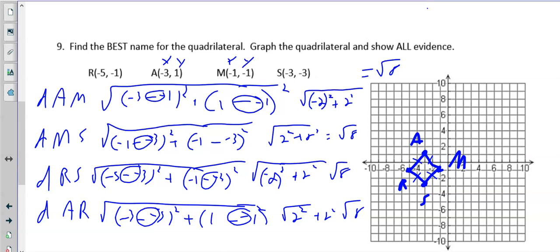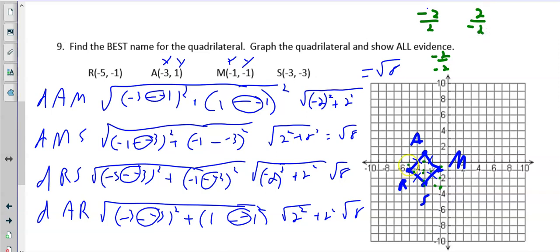So this is going to be really quick. We're just going to count. From A to M, we're going to go down 1, down 2, right 1, right 2. So down 2, right 2. And from M to S, we're going to go down 2, left 2. And from S to M, we're going to go up 2 and left 2.